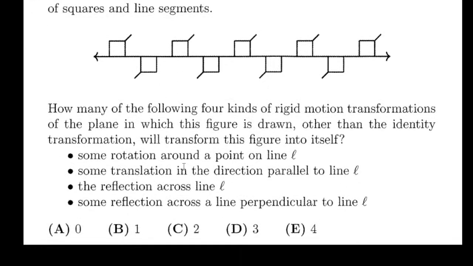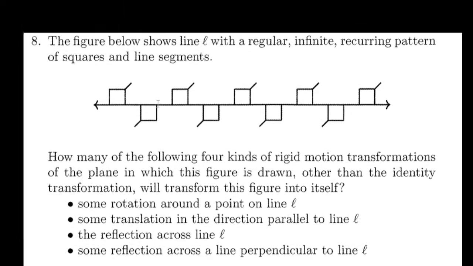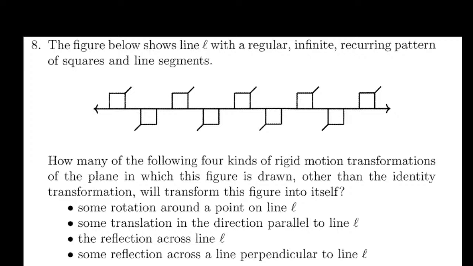How many of the following four kinds of rigid motion transformations of the plane in which this figure is drawn, other than the identity transformation, will transform this figure into itself? Some rotation around a point on the line L, some translations in the direction parallel to line L, the reflection across line L, and some reflection across a line perpendicular to line L. Read the question once again and then try to figure out the answer.